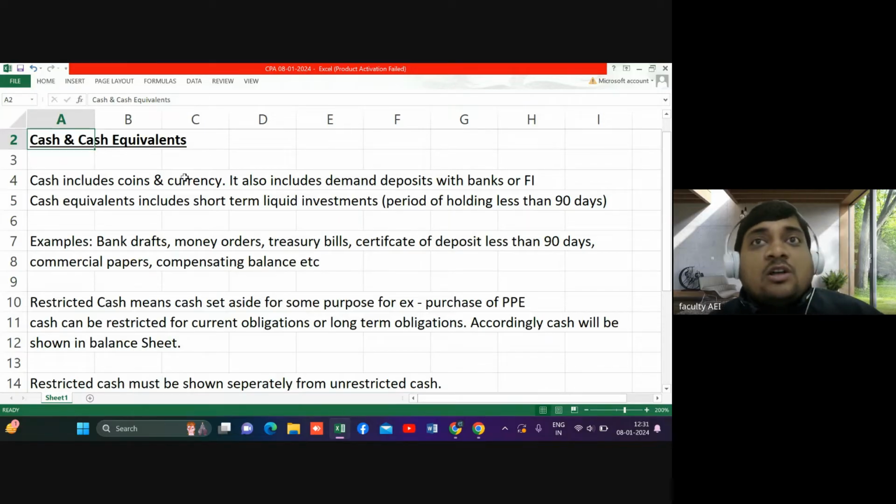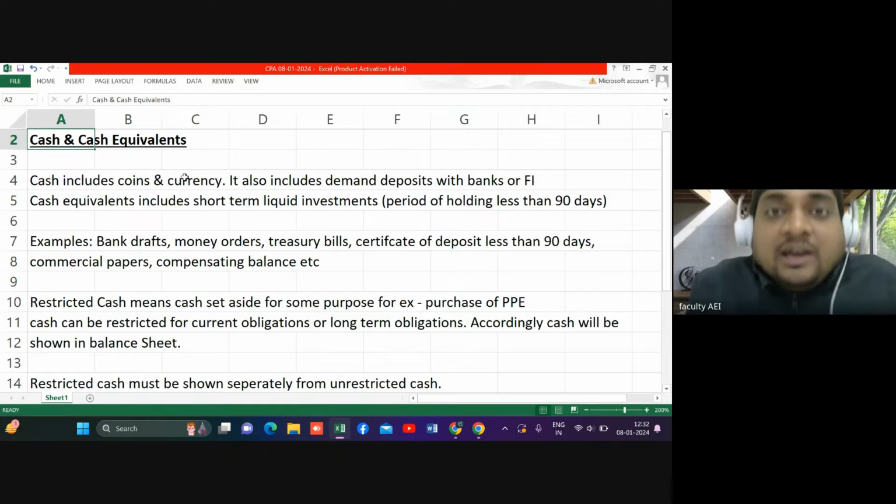Now there is a concept of restricted cash and unrestricted cash. Restricted cash means cash set aside for some purpose, like for purchase of PPE. Cash can be restricted for some current obligations or long-term obligations. Accordingly, cash will be shown in the balance sheet. If it is restricted for some current obligation which needs to be met in the next 12 months, in that case, we are going to show that restricted cash in current assets. However, if that cash has been restricted for some long-term obligations like purchase of property, plant, and equipment, in that case, we are going to show it under non-current asset.